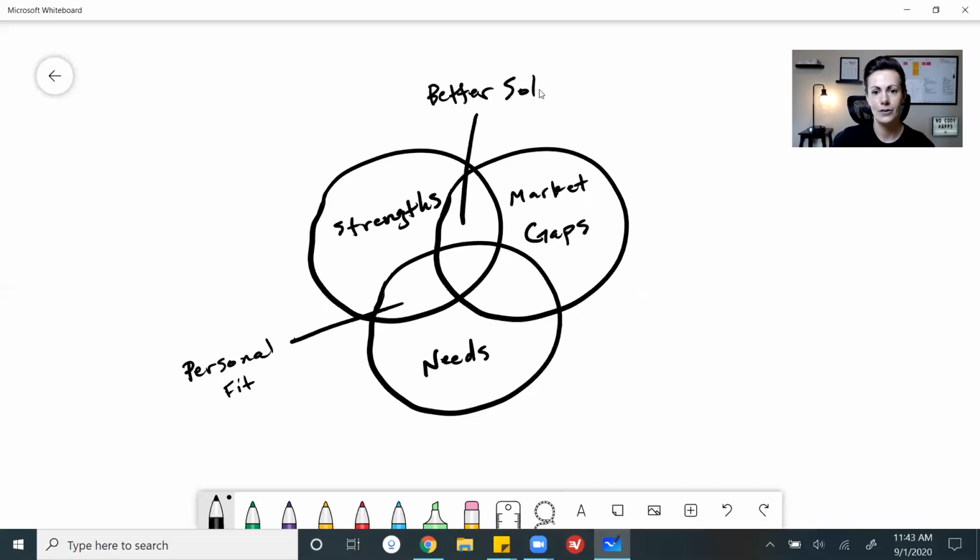Again, you may have existing competition. And if you don't already, there very likely will be competition at some point. So number one, you're looking for those market gaps. But number two, your strengths combined with them, you're going to be able to create a better and better and better solution.